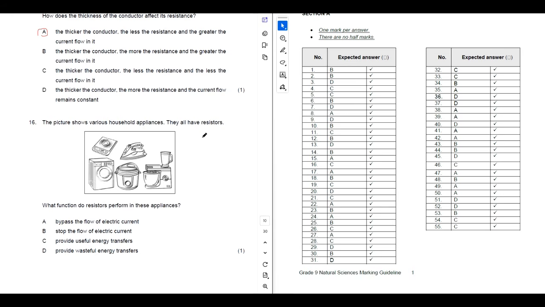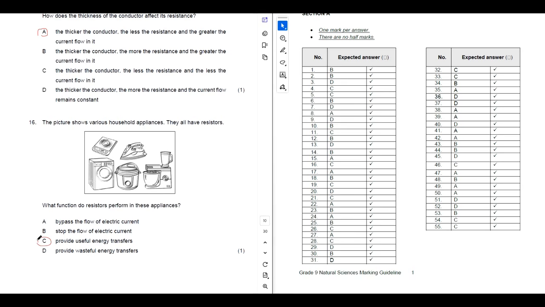Now the question is, what function do resistors perform in these appliances? We know that resistors provide useful energy transfer. So our answer will be C, because resistors provide useful energy transfers.